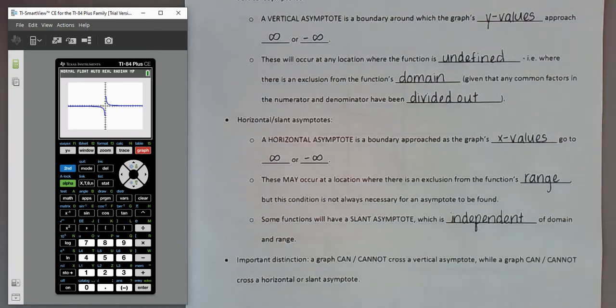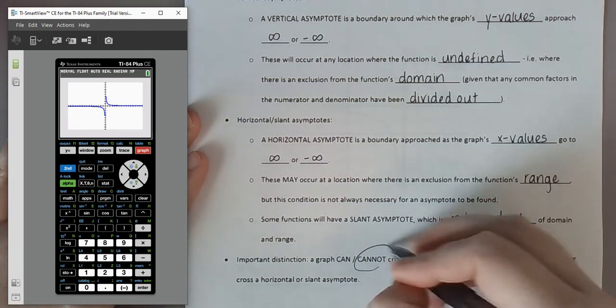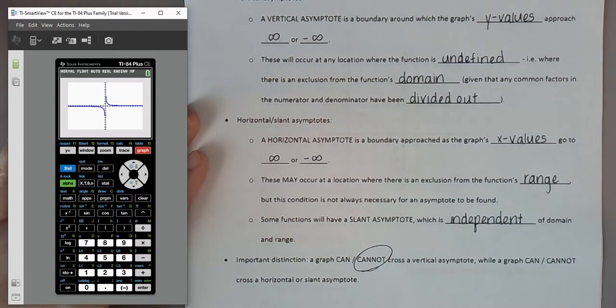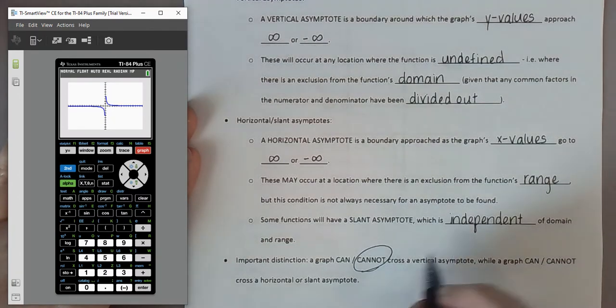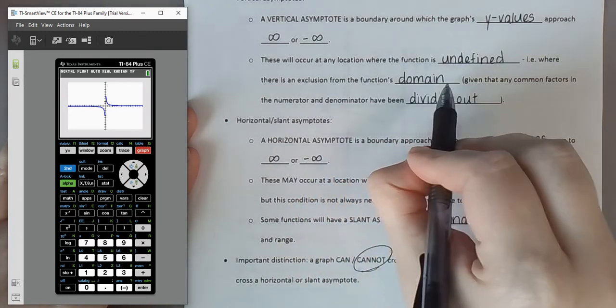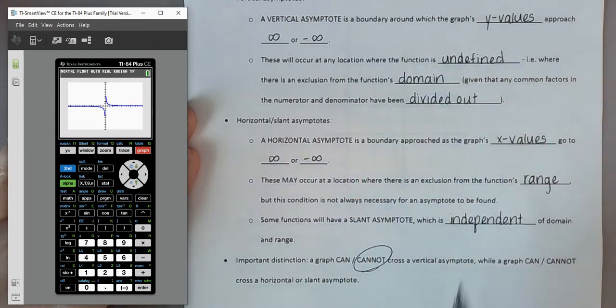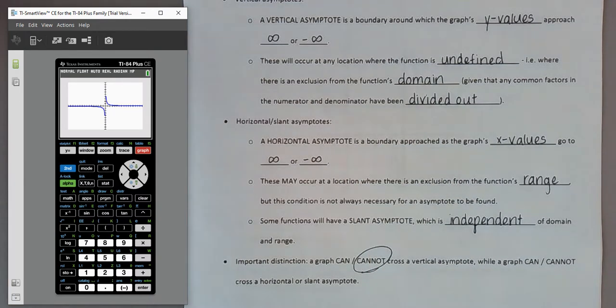Now, as we look for these asymptotes, as we start to graph, there is an important distinction we need to make. A graph cannot cross a vertical asymptote. In order to cross a vertical asymptote, it has to touch that particular x value. But remember, that x value is not part of the function's domain. It's a location where the function is undefined, in the sense that there is nothing there.